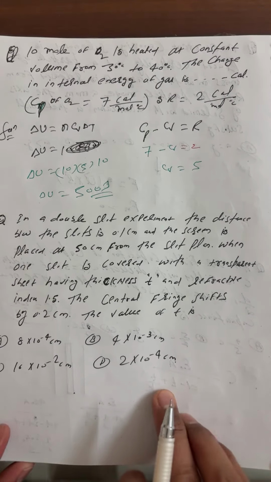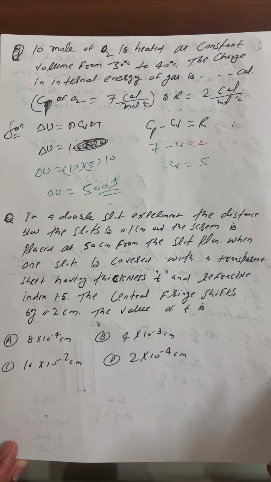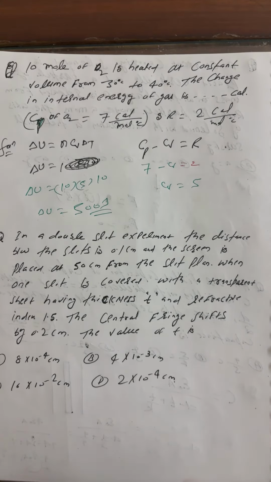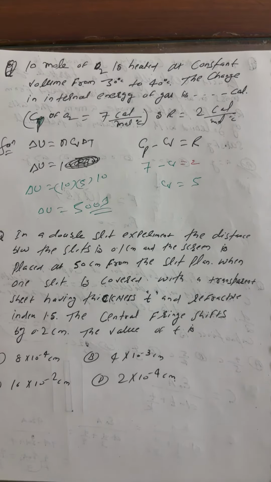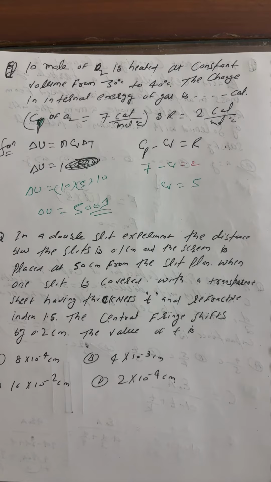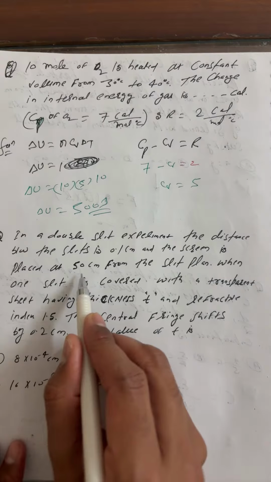Again, this question is for 12th class, 11th class. So what is today's question? In a double slit experiment, the distance between the slits is 0.1 centimeter and the screen is placed at 50 centimeter from the slit plane.